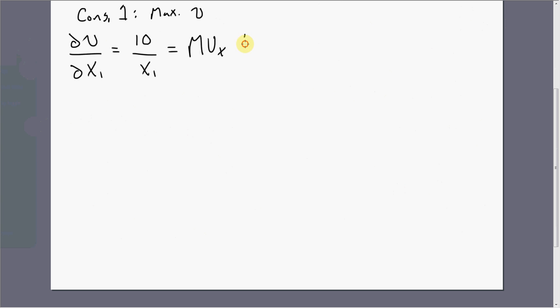And we're going to do the same thing for good Y. To get the marginal utility of good Y, we're going to take the partial derivative of the utility function with respect to good Y. And if you do that, you just get 1 over Y. That is the marginal utility for good Y for the consumer.